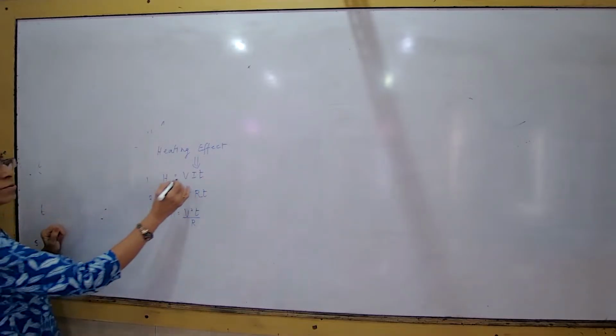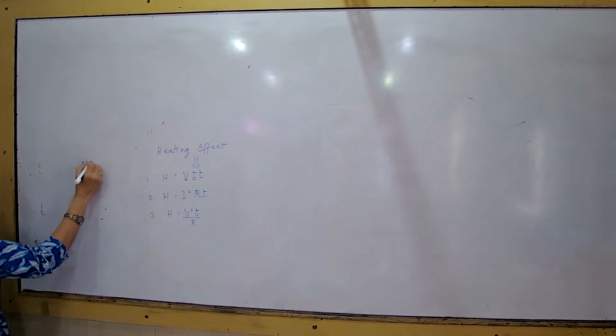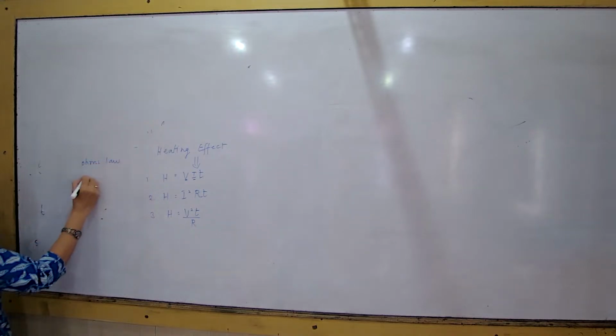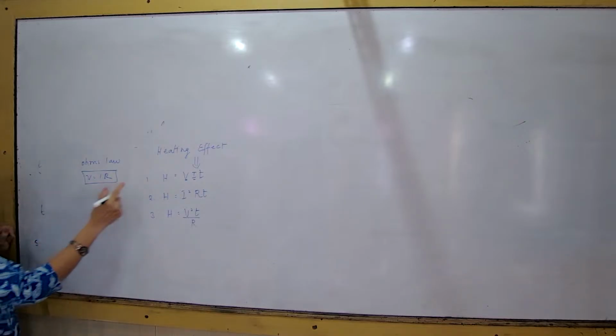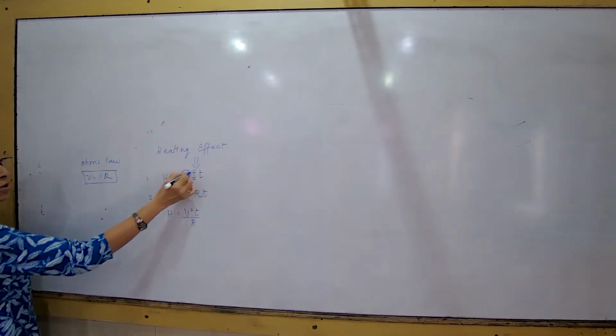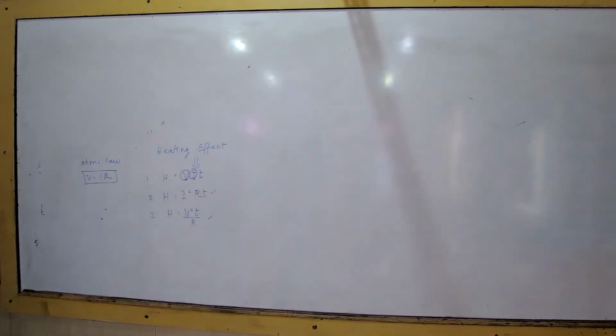So you can substitute either V or you can substitute I by using Ohm's law. Okay, V is equal to IR. So if we remember Ohm's law, this is going to be very useful because you can substitute either for V or you can substitute for I, and then therefore you will be able to get the other two formulas. And it doesn't take much time. So don't fret over not remembering all the three.